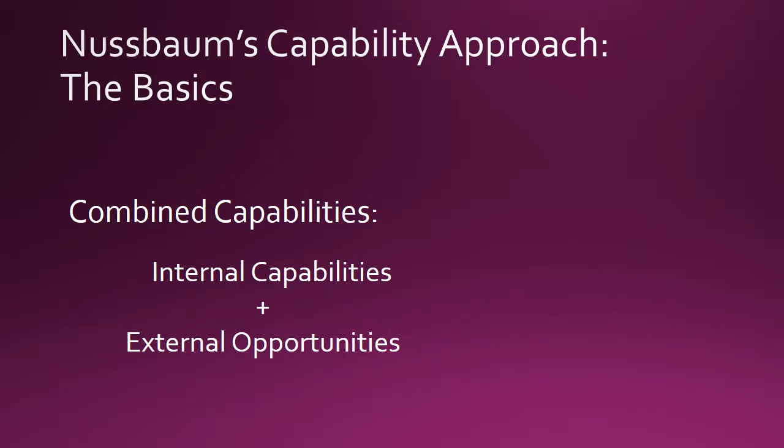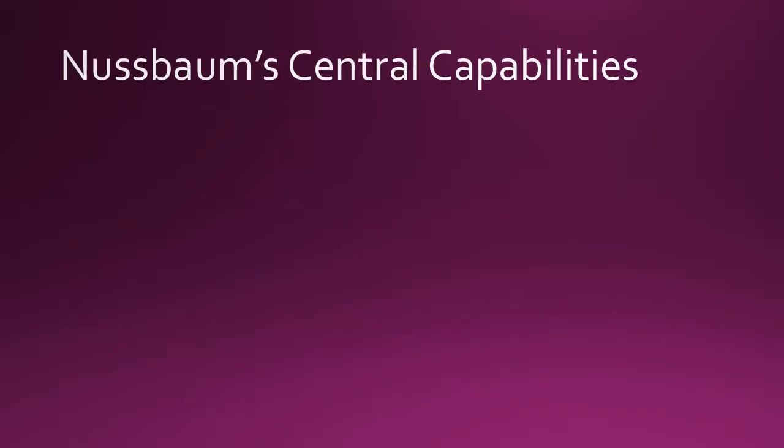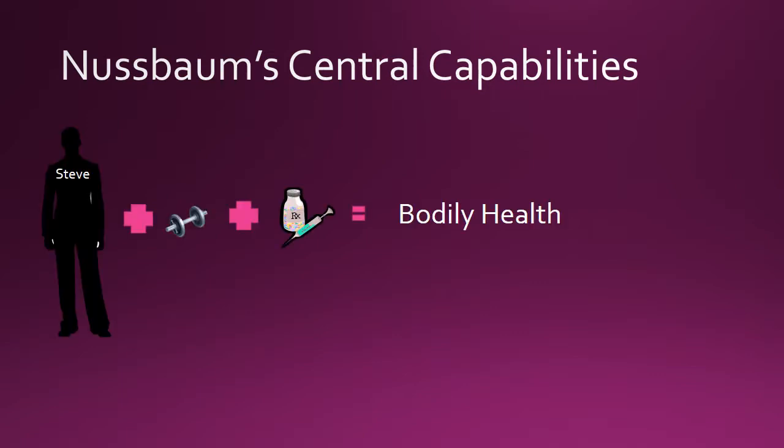For Nussbaum, there are 10 combined capabilities that are vital for maintaining basic human dignity, which she calls central capabilities. These central capabilities include bodily health, emotions, affiliation, among many others. Now let's go back to Steve's example for a second. The combination of his fitness and access to healthcare provides him with his bodily health central capability.